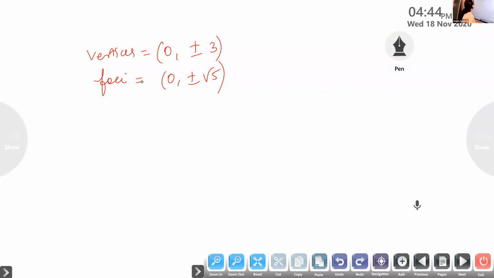Srihari, can you give the equation of the ellipse here? Yes, Srihari?